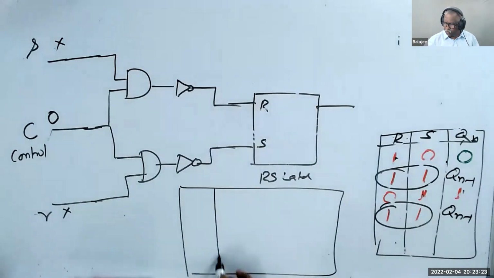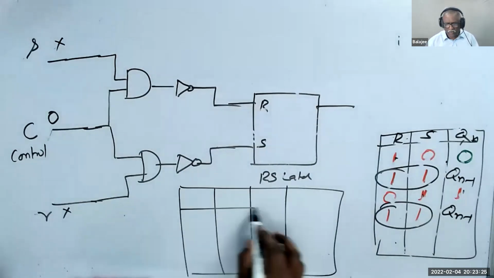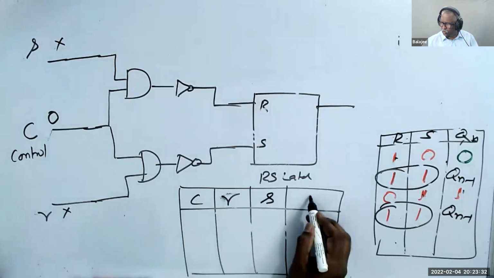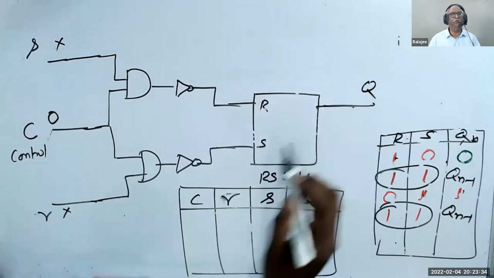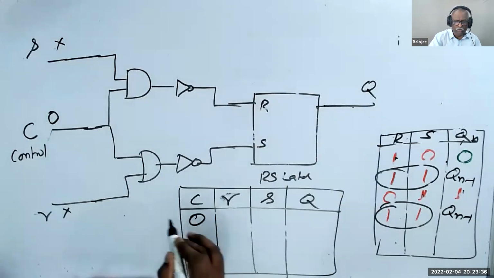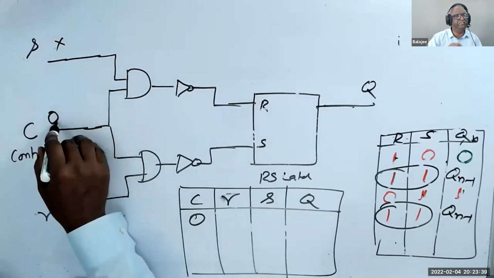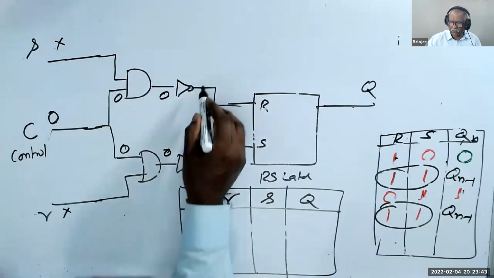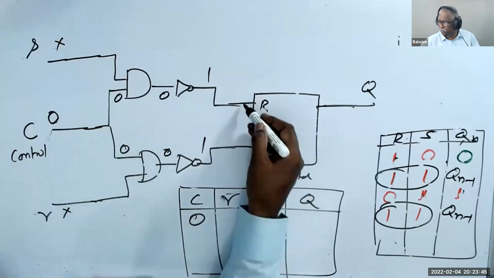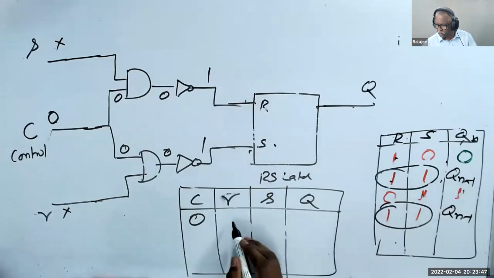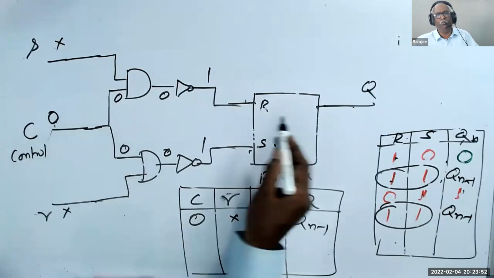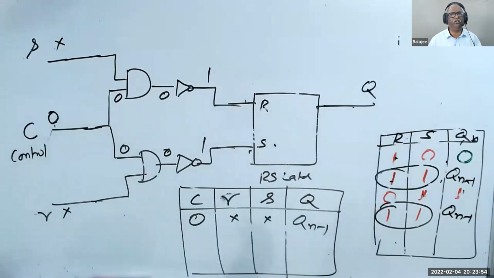So I have 3 inputs: C, R, S, and Q. Q is same. When C is 0, this is 0, this is 0, this becomes 0, this becomes 1. And both are 1 means what? Q n minus 1. R and S could be anything. When C is 0, the output is no change.